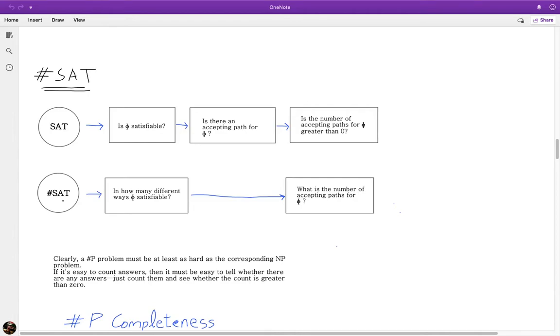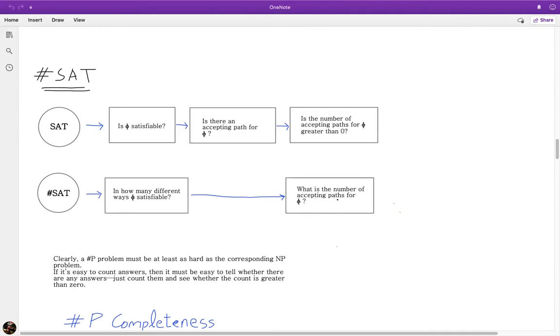Let us define what is #SAT, which is a counting analogue to SAT. What we ask here is, in how many different ways is phi satisfiable. This can be modeled as: what is the number of accepting paths for phi?